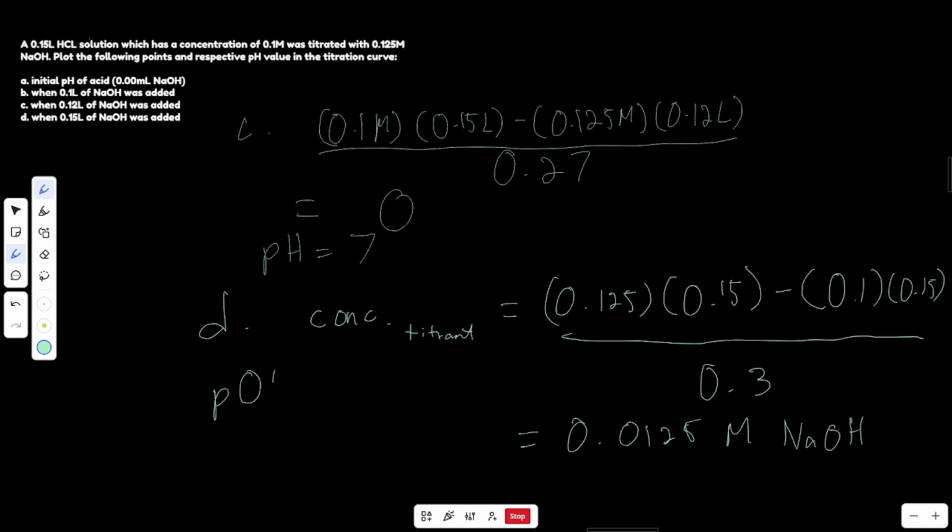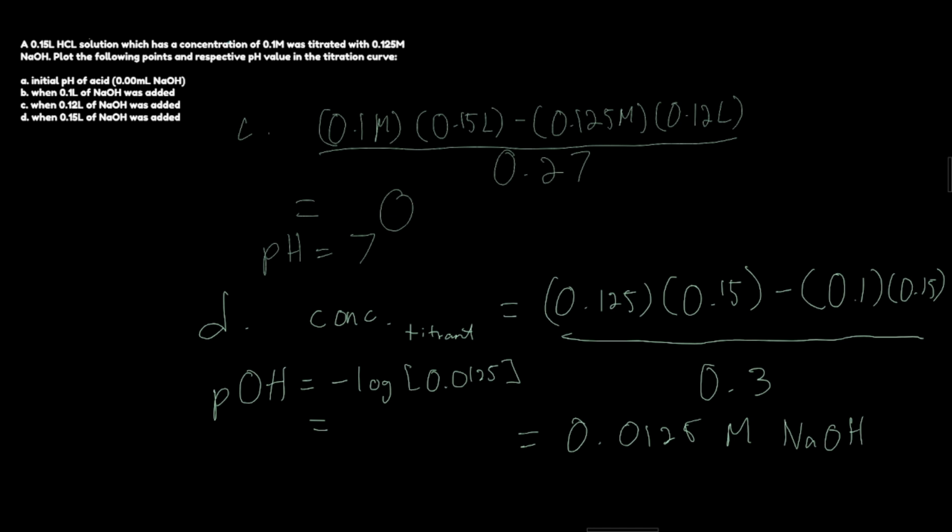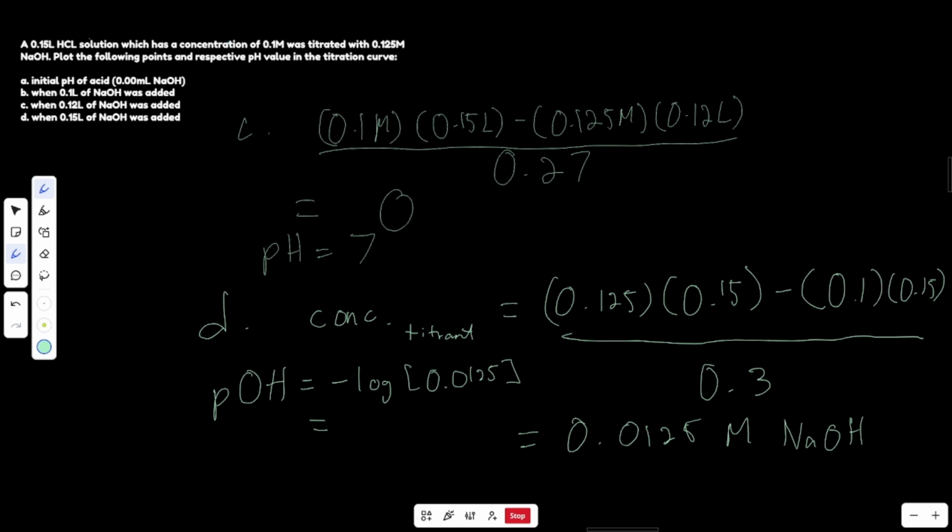Now, how do we get the pH? Well, this time, since we have base, we'll actually be getting the pOH first. So that's negative log of 0.0125. This will get us an answer of, not negative, rather 1.9.